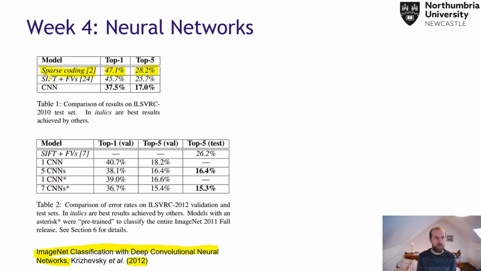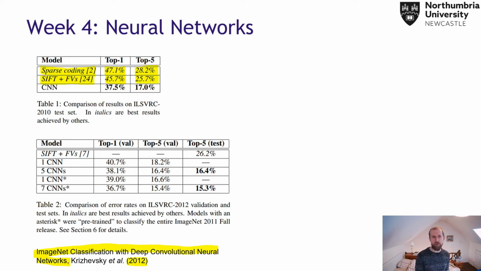The best was this combination of SIFT features and Fisher vectors, and they managed to reduce that from 47.1 to 45.7 in 2 years. Again, the top 5 error rate, it was just a 2.5% reduction.